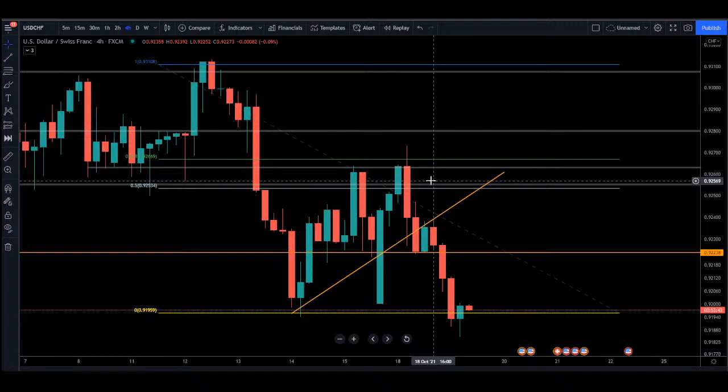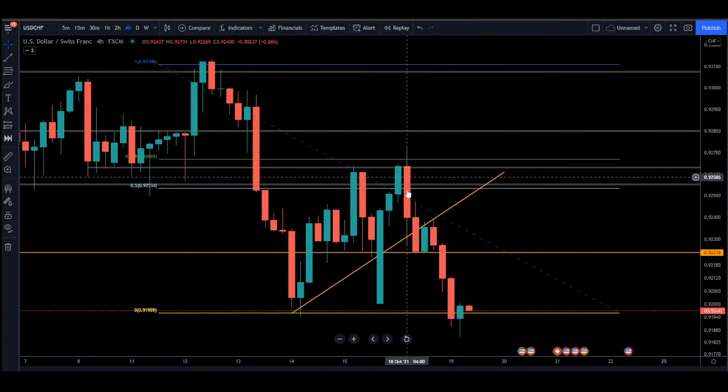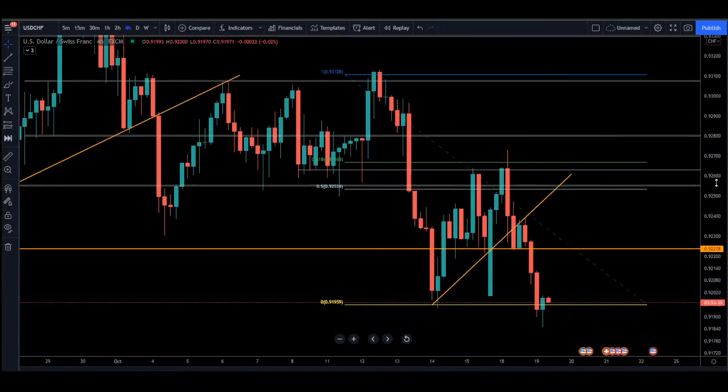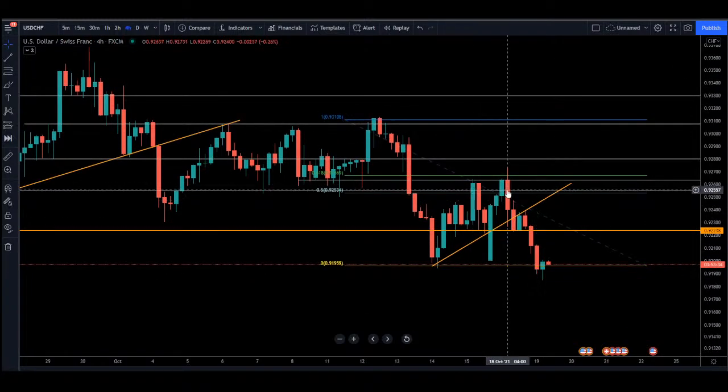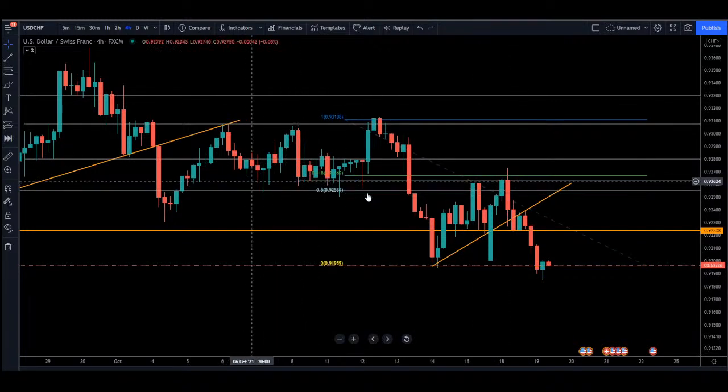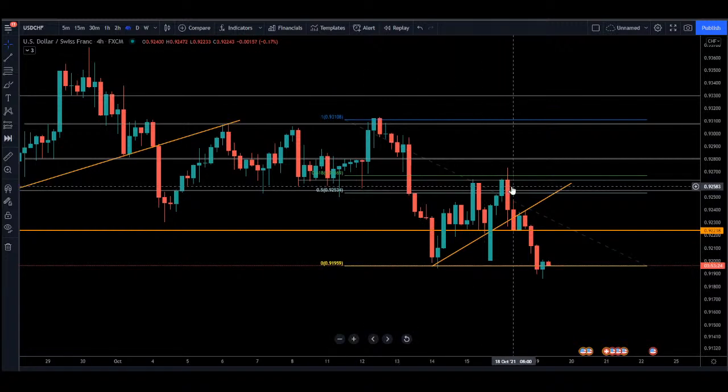So I had multiple confluence factors to open this position to the downside, right? Which are those confluence factors? In itself, the bearish engulfing candle is a candlestick pattern, right? So that's one of them. The key level, which was a support becoming a resistance, that's the second one.